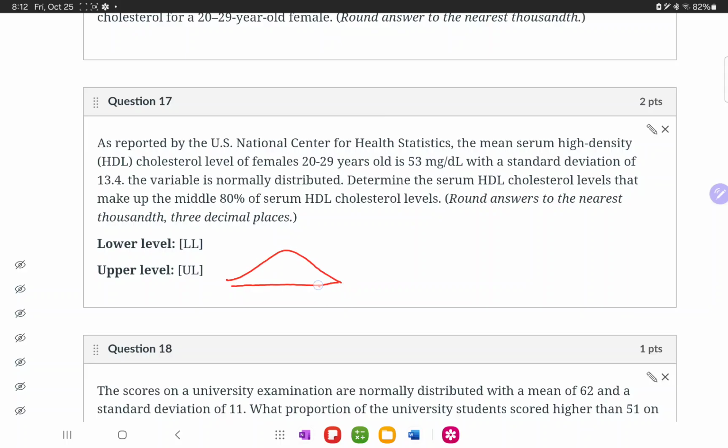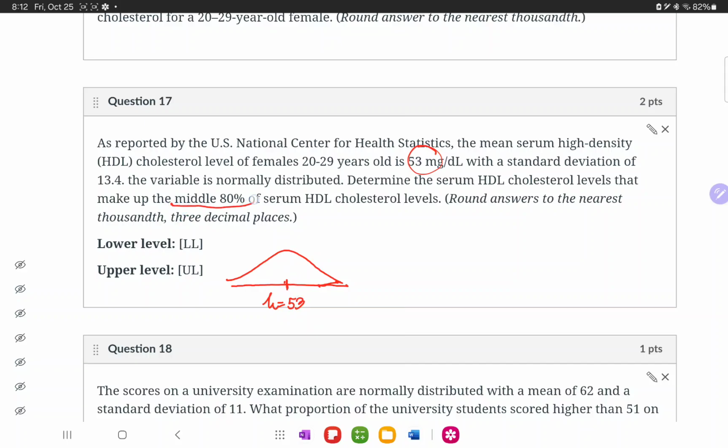bell curve. So we have a symmetric bell curve, and then the mean will always be located at the center point of a standard normal curve, right? So mu equals 53 for this problem is going to be located at the center.